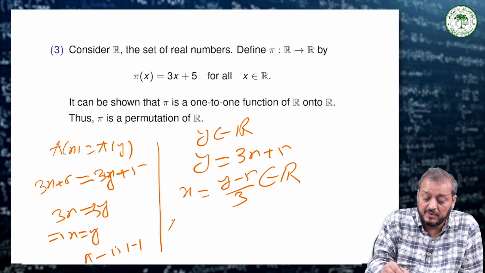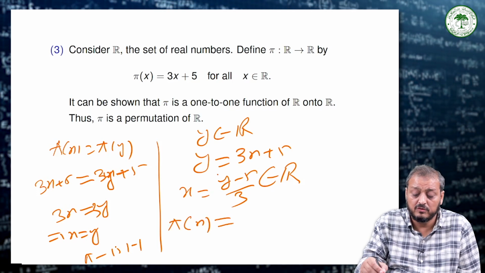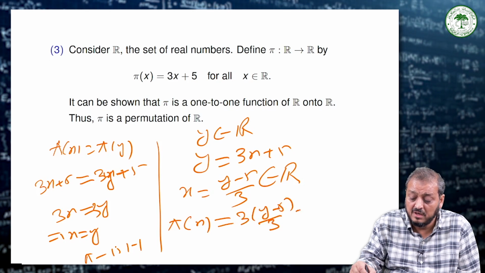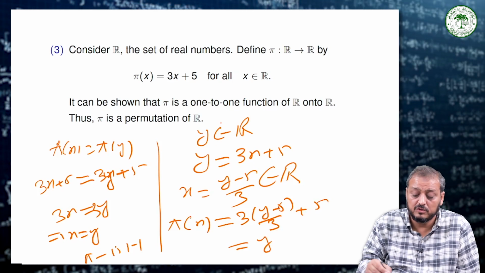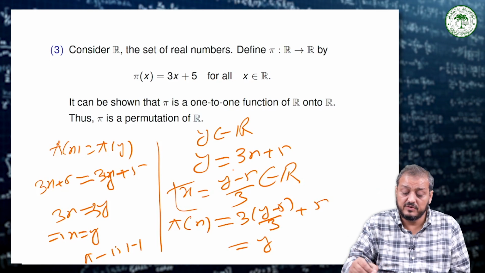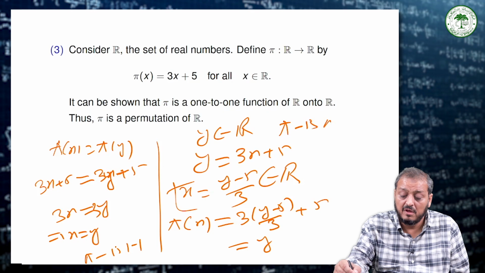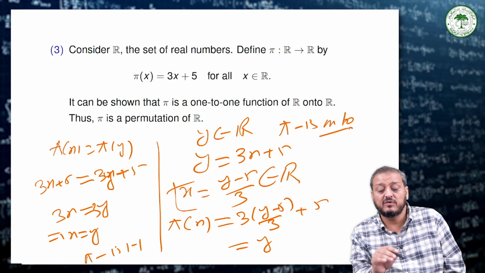Then pi of x is equal to 3 times (y minus 5 by 3) plus 5, and this is equal to y. So, for every y there is an x whose image is y. So, clearly this means that pi is onto.